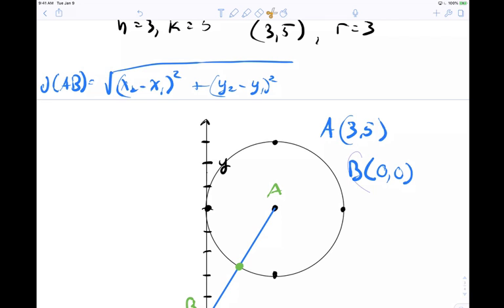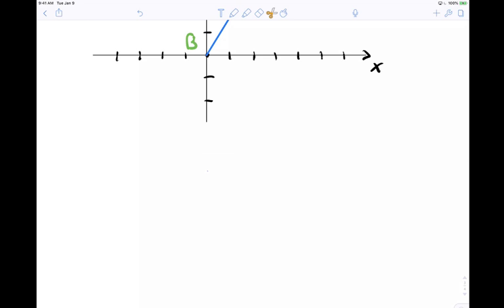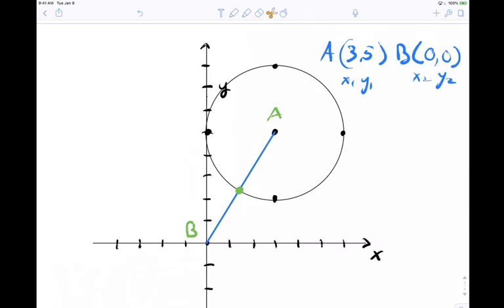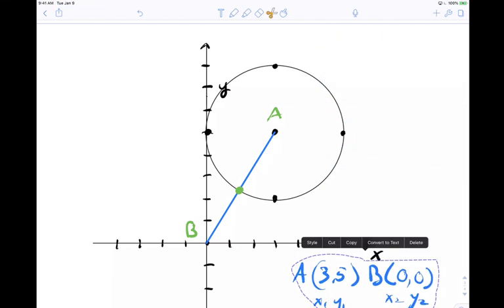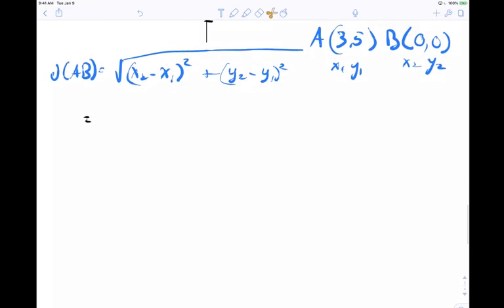Since we already have our 2 points, I usually like to just automatically go x1, y1, x2, y2. Let's plug those into our formula. So then it's going to be the square root, x2 is 0.